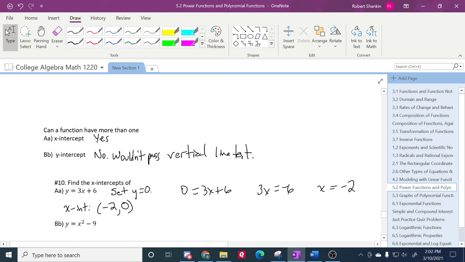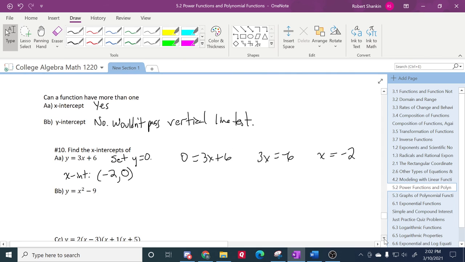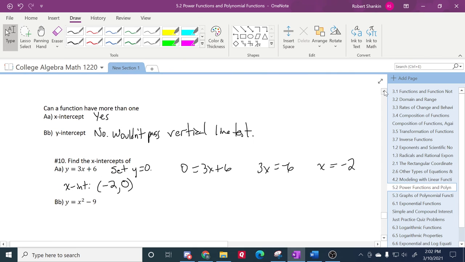Alright, so you do B. Find the x-intercepts of that.